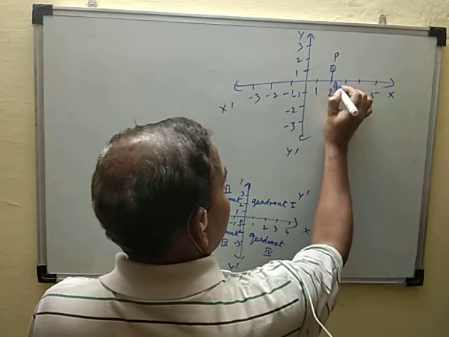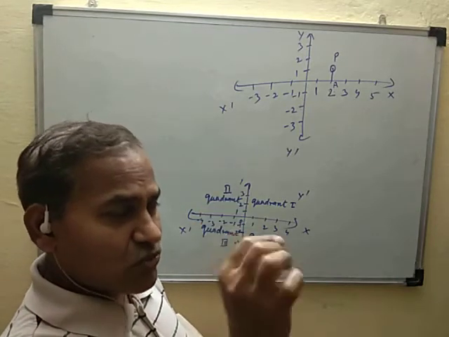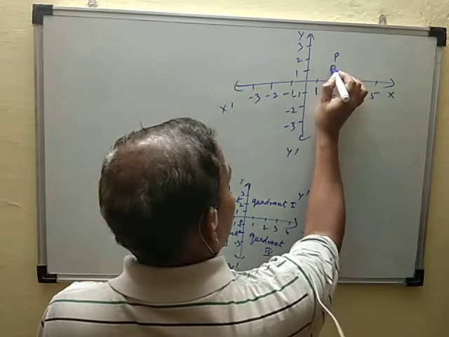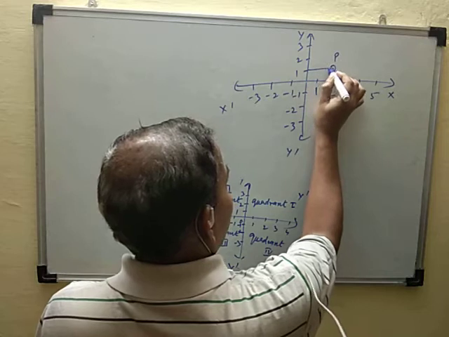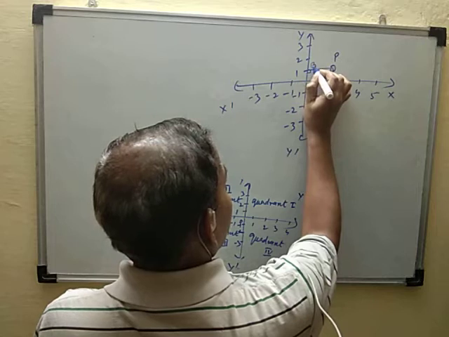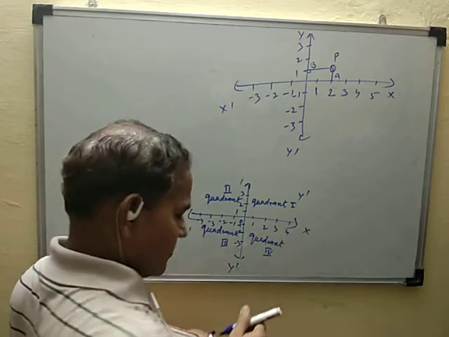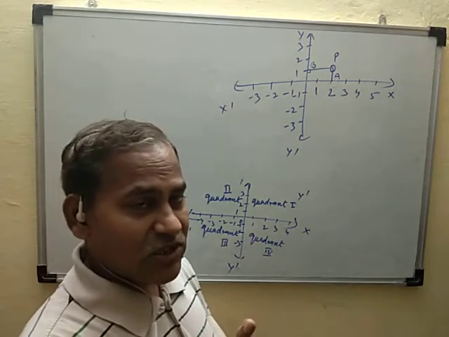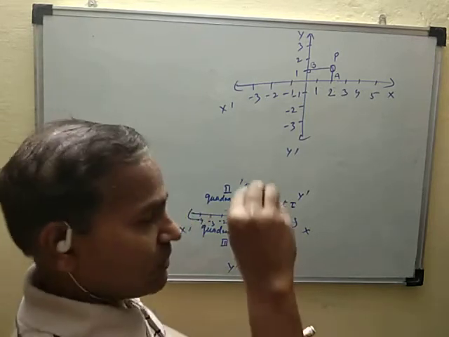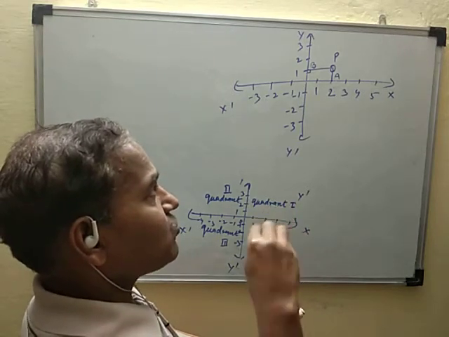Suppose this point is A. First we draw a perpendicular from P to the x-axis, then also draw a perpendicular from P to the y-axis. इस पे भी ड्रॉ कर दिए perpendicular. This point is B and this point is A. हम क्या कर रहे हैं? For checking the position of point P, draw a perpendicular from P to the x-axis, then draw a perpendicular from P to the y-axis.